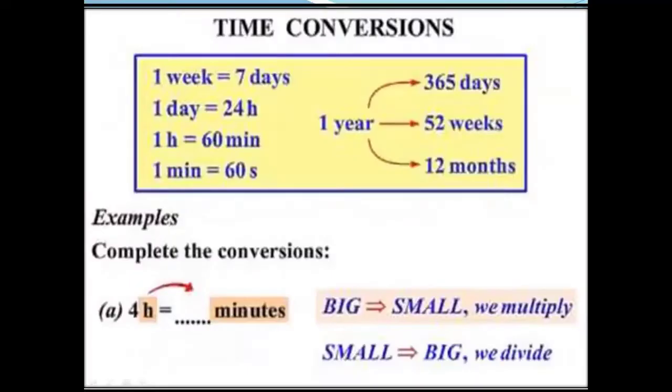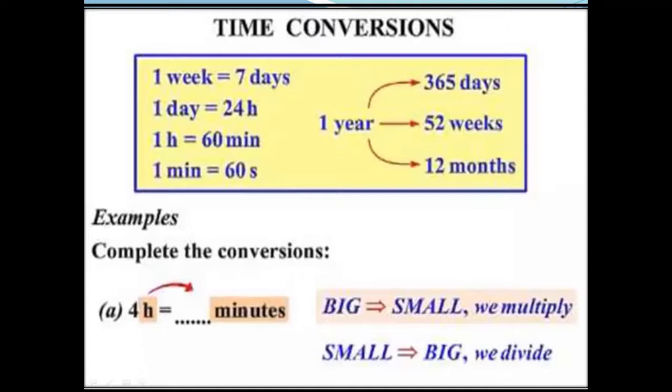In short we can say that in a week there are 7 days, in a day there are 24 hours, 1 hour is 60 minutes, 1 minute is 60 seconds. You can see that when we go from big to small, we multiply, but when we go from small to big, we divide.